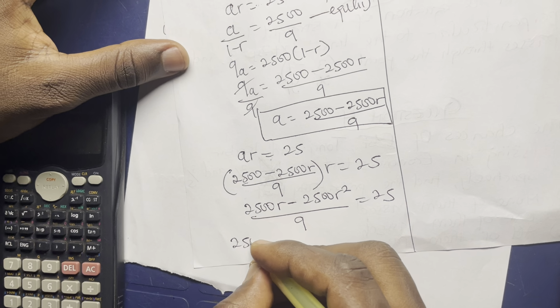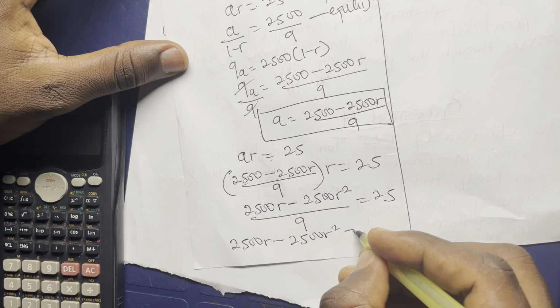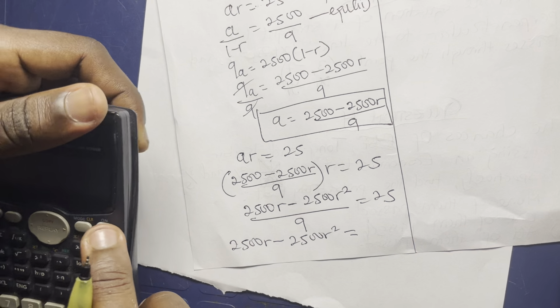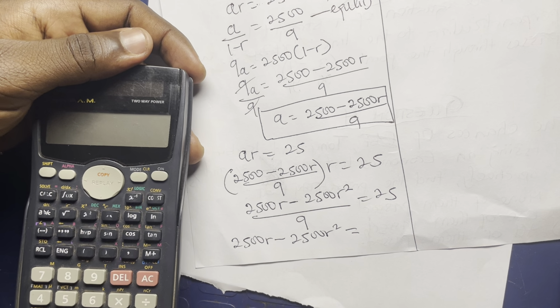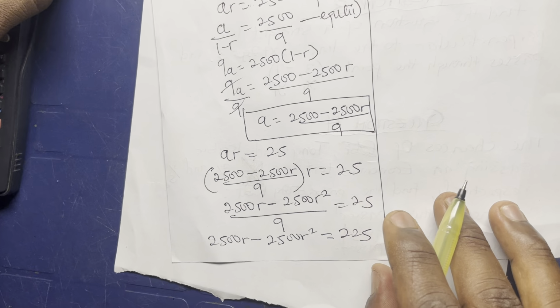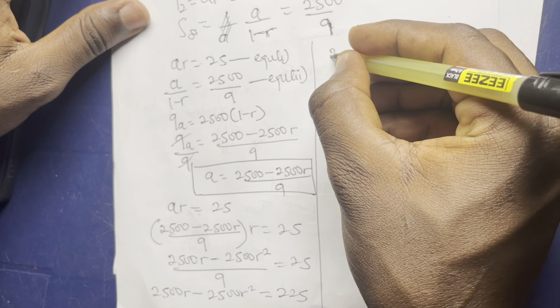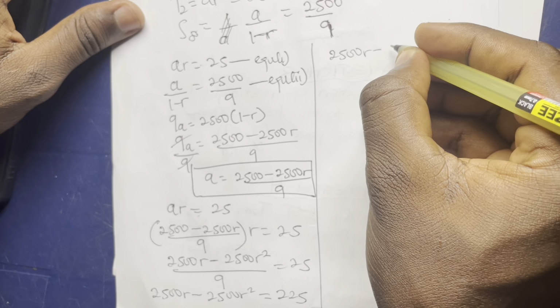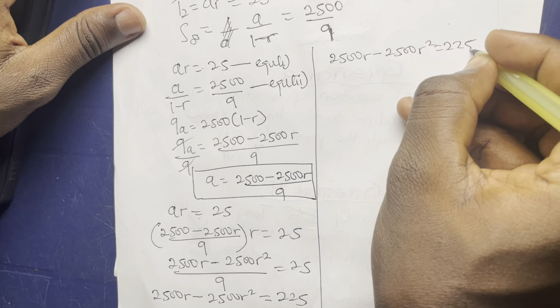That will be 2500R minus 2500R squared equals 25 times 9, which is 225. So I have a quadratic equation now: 2500R minus 2500R squared equals 225.